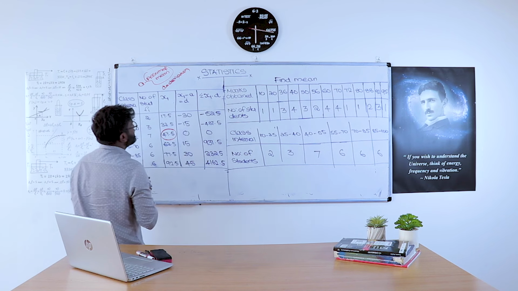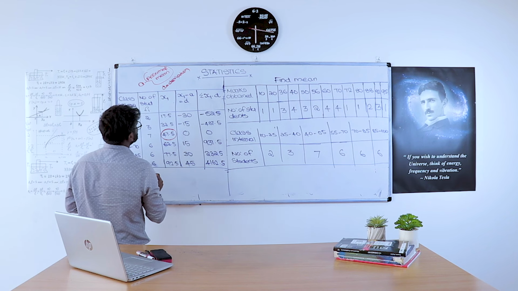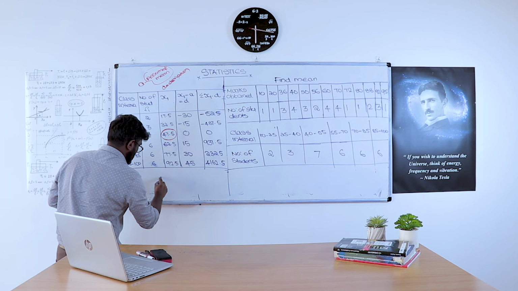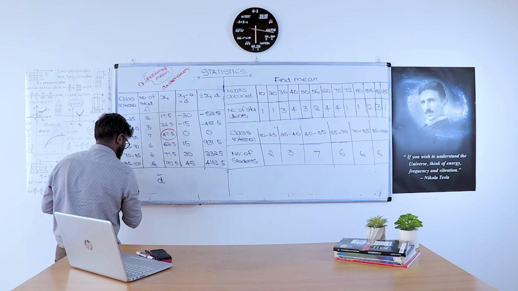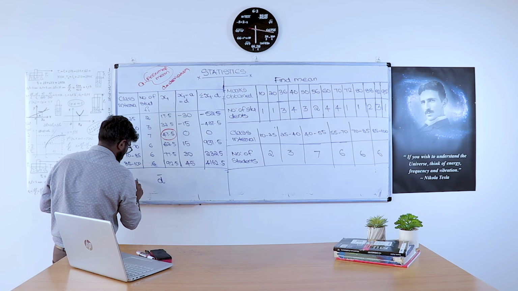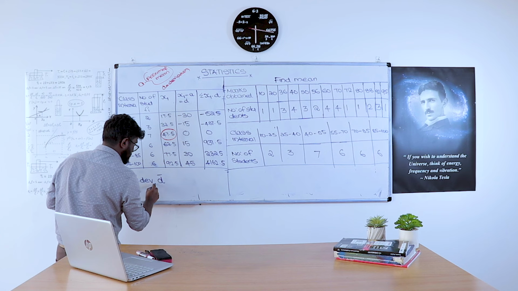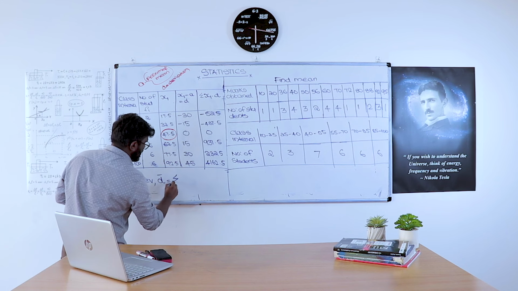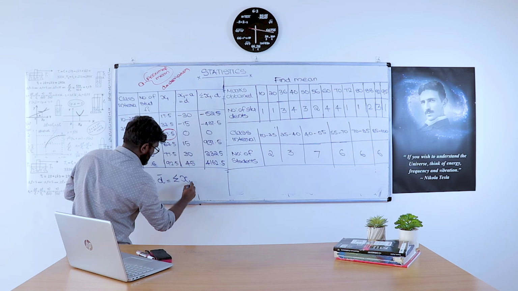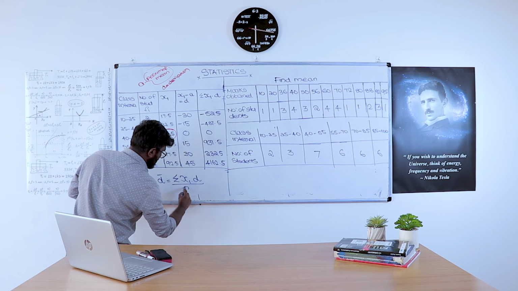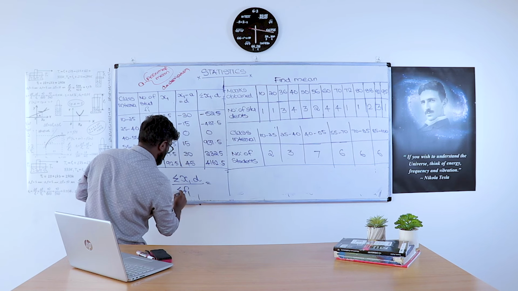Okay, then you have to find out the value of d bar. D bar is the mean deviation, d bar equals summation fi into d divided by summation fi.